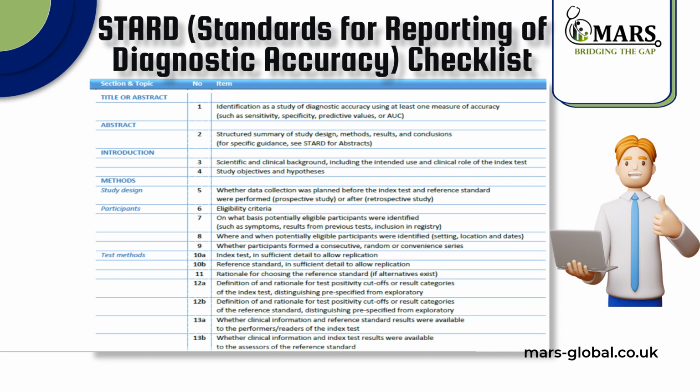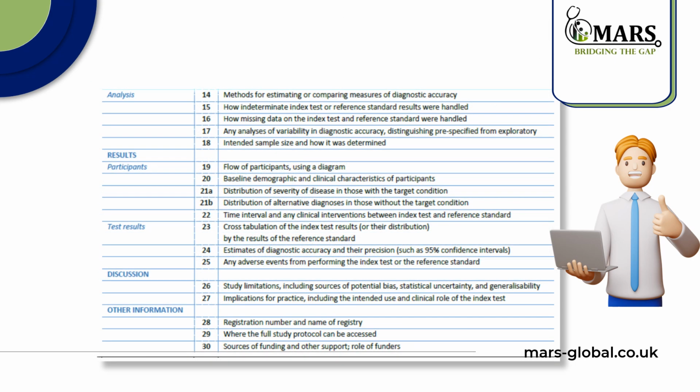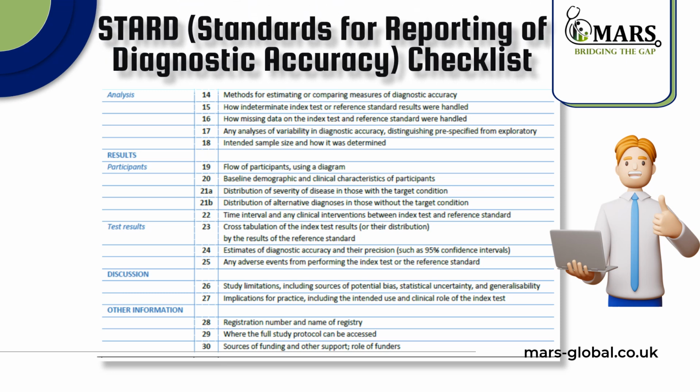Similarly, methods has further domains: study design, participants, test methods. Each domain is then supported by further items, and the list continues. The next part of the list includes results, having two domains, participants and test results, followed by discussion and other information. You have to follow this checklist in order to determine the diagnostic accuracy.